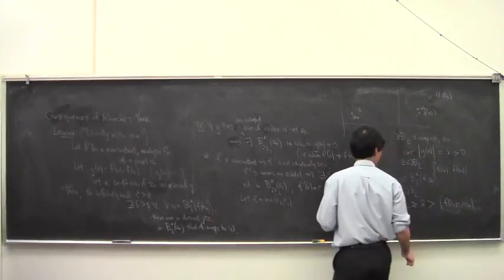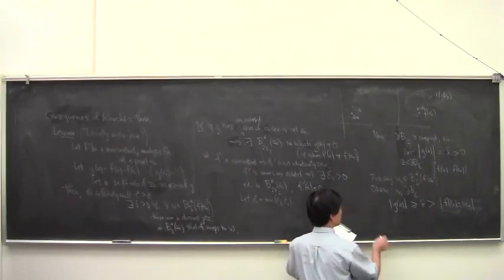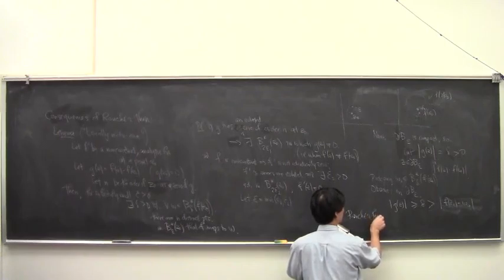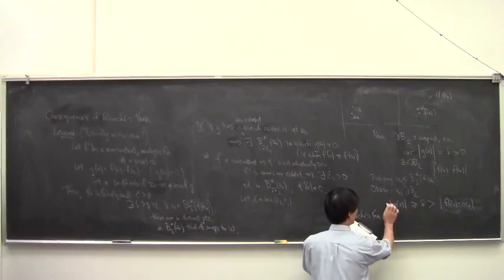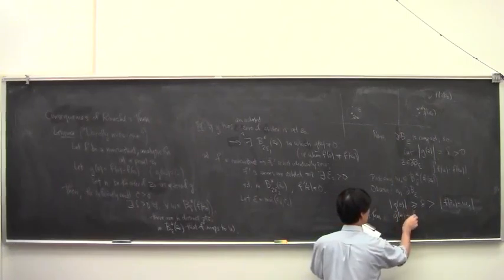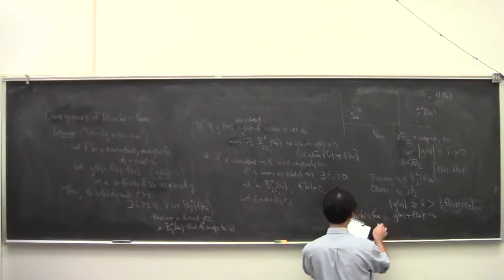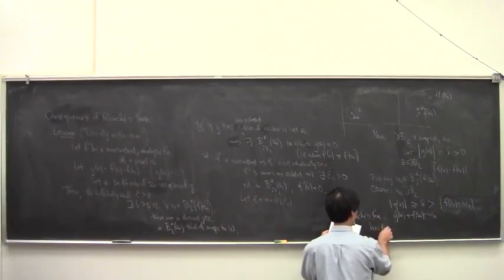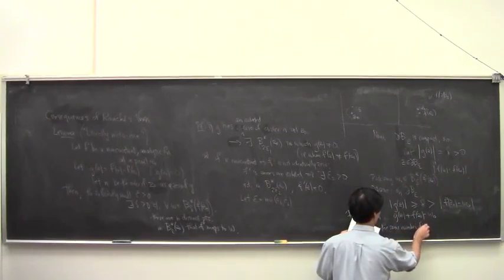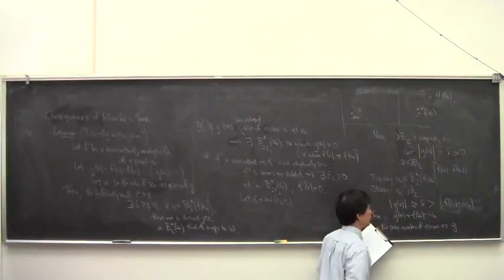Okay, so now we're going to apply Rouché's theorem. Rouché's theorem says that then the function plus the other function has the same number of zeros as g.